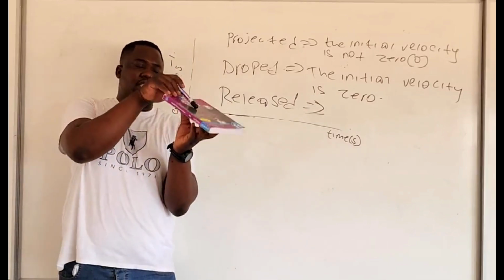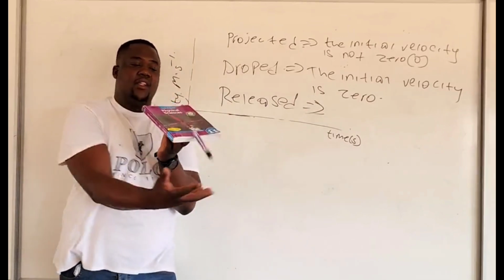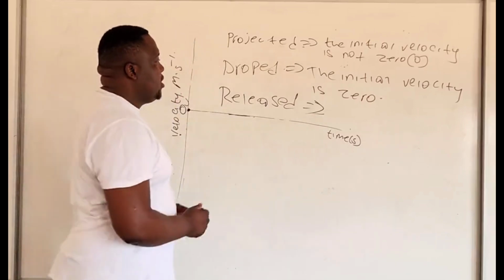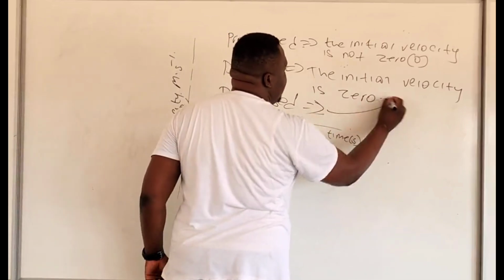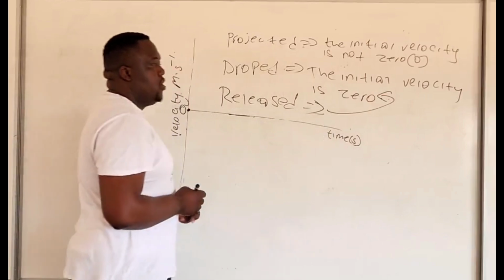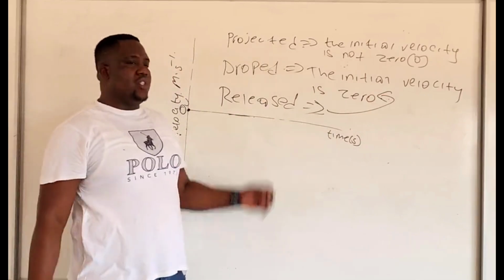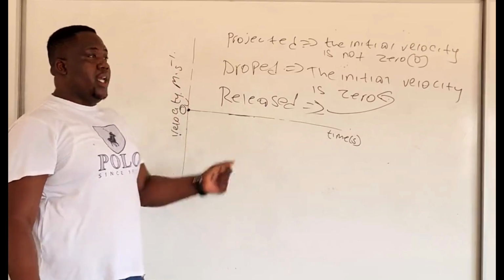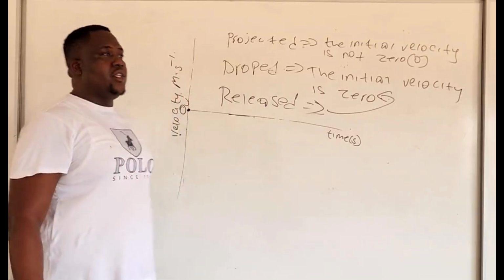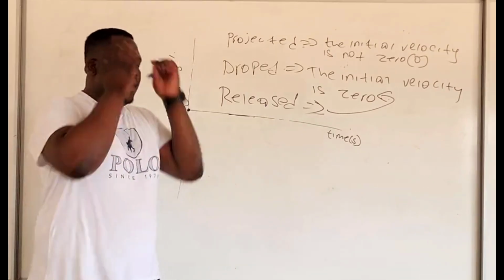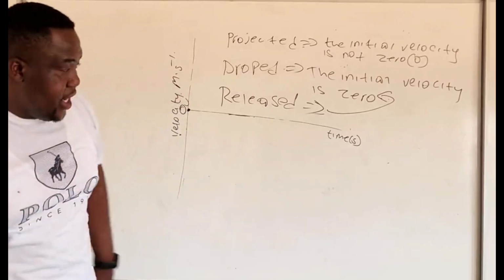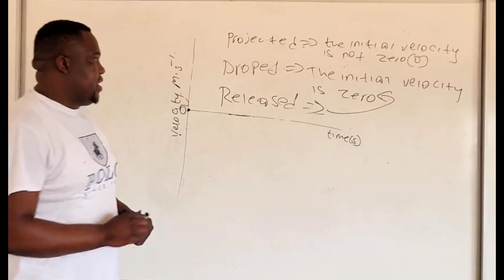That is releasing. It means I've released it, and its initial velocity is 0. So when you drop something or you release something, the initial velocity is 0. Those are the keywords which we need to understand.